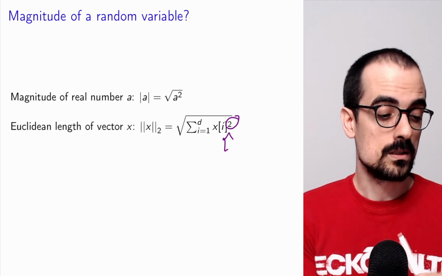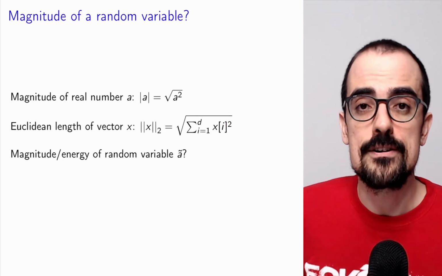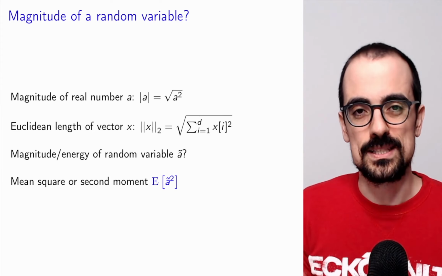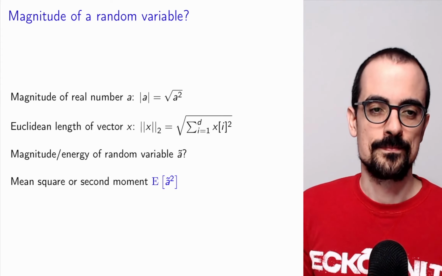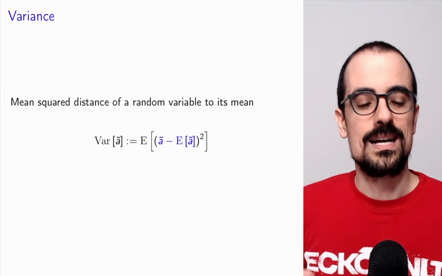Well, for a random variable, we're going to do something very similar. We're going to take a square so that positive values and negative values don't cancel each other. Then we're going to average. We're going to take the mean of the square. And if we want to quantify deviation, we will take the square root of that. So if we want to apply this to quantify variations in a random variable, we're going to say, okay, we're interested in the random variable minus its mean. Let's take a square so that there's no cancellations between positive and negative variations.